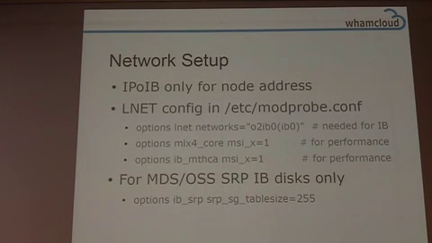It's the SRP or whatever at the lower level that is just exposing a block device, but it's still important for Lustre performance to allow full 1 megabyte I/O size to go directly down to the underlying disk. So I thought it's worth mentioning. If you set the SG table size, it allows you to do 255 different fragments, which is important. I think the default's 32, and it can give you bad I/O performance at the disk level.